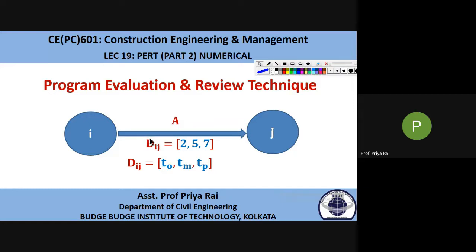Which activities are critical, or which path is the critical path? The longest path is the critical path. So everything is the same as CPM. The only difference is that we convert the 3 time estimates into a single one, then solve like the CPM method.